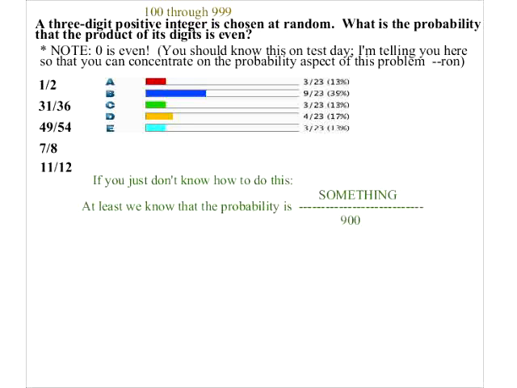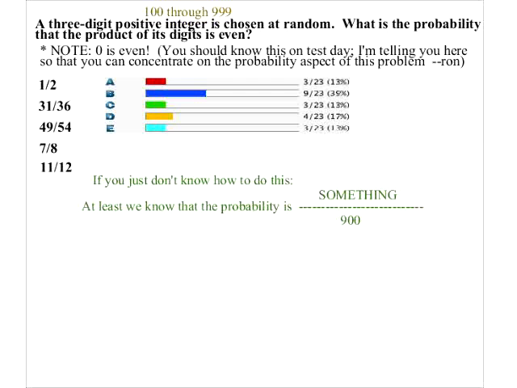So, as weird as that is, that's enough to eliminate two choices. Because 54 doesn't go into 900, and neither does 8. So these can't reduce, like 54 and 8 don't go into 900.